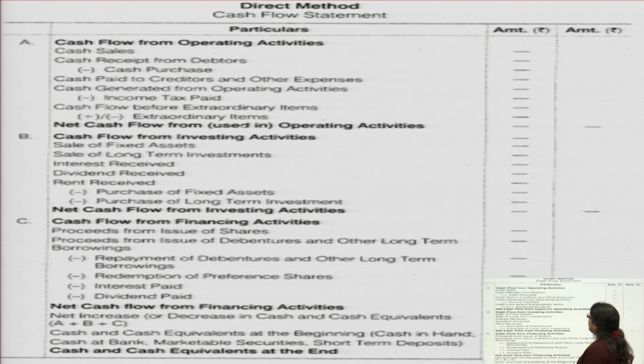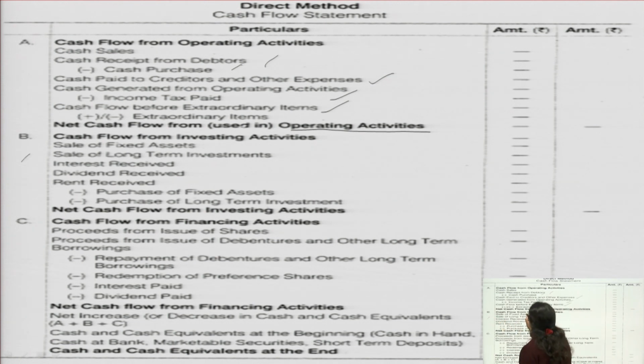In the cash flow from operating activities there are cash sales, cash received from debtors, cash purchases, cash paid to creditors and other expenses, cash generated from operating activities, income tax paid, and cash flow from extraordinary items, if any, plus or minus. The amount of flow is known as the net cash flow from operating activities. The second part is the investing activities.